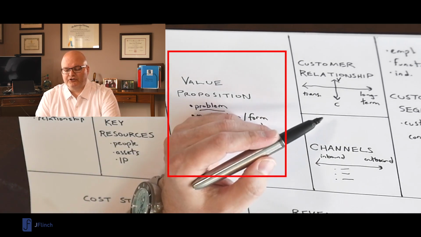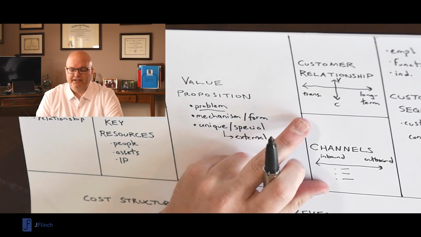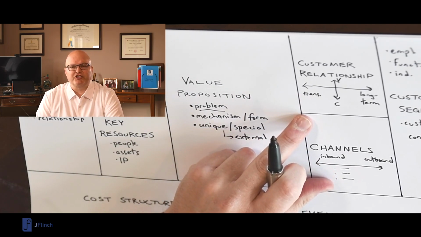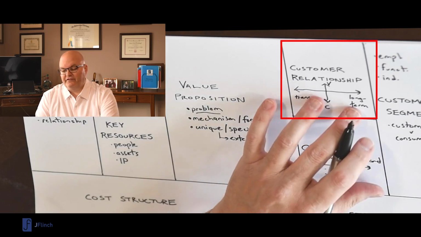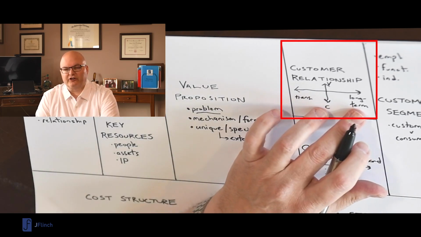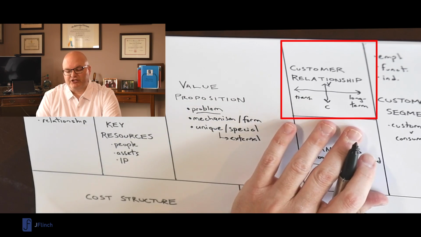Now, we still need to understand customer relationships, right? Is it a transactional relationship where people pop in? So you go to IT and you might have a service ticket, a help ticket to solve a problem. That transaction begins and ends in a very defined way. Or like an HR business partner or a benefits group, you might have a very long-term, ongoing relationship.